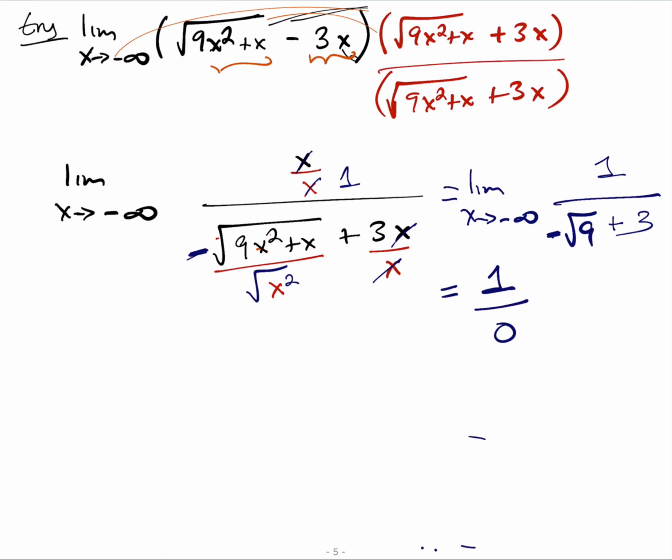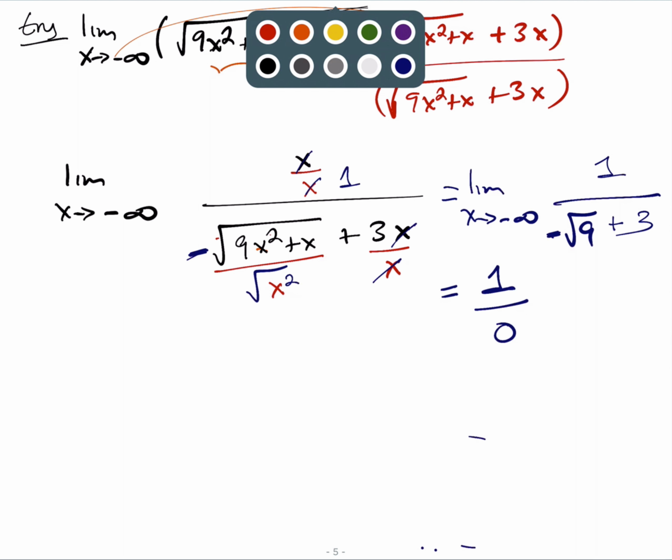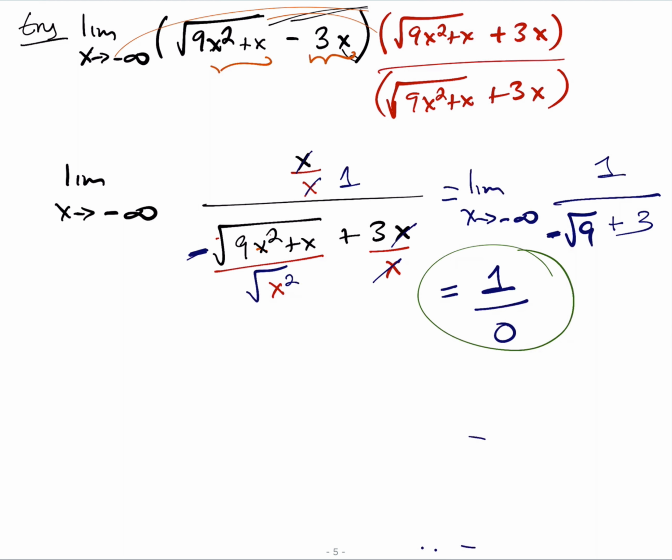Vertical asymptote. Yes. Positive or negative infinity, right? At this point, so you know it's positive infinity just because we did it without going through all these steps. That's the only reason why you know. But at this point, when you get this, this tells you that it's infinity or minus infinity. Okay.